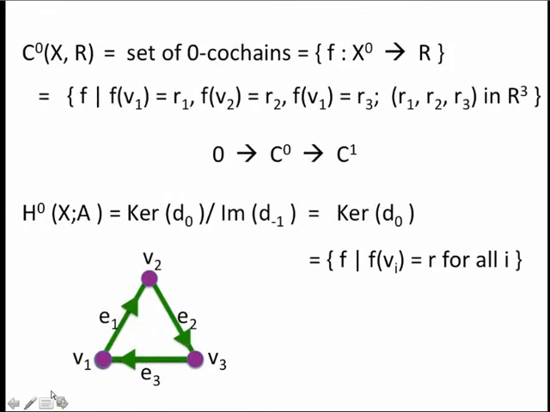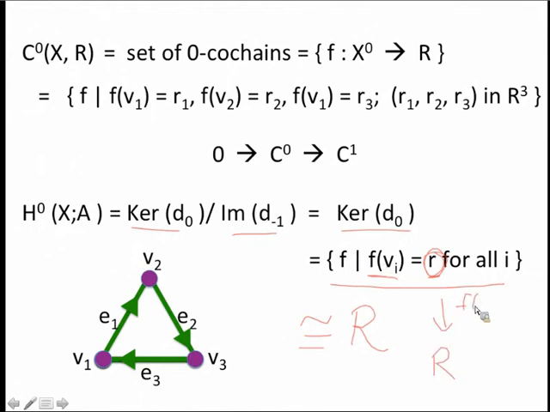So if we now want to calculate our zeroth cohomology, we do our kernel mod image, which was just our kernel, and we get that our kernel is just the constant maps. And this, by the way, will be equivalent to our ring. For each r, there is a function that sends vertices to an element of the ring. So I can send this to my ring by just sending the function, if f of vi equals r for all i, to r.